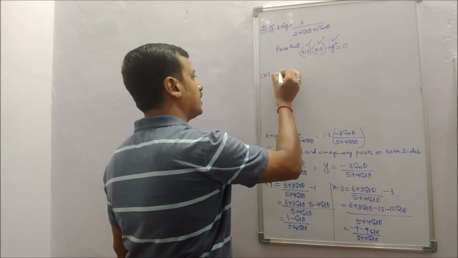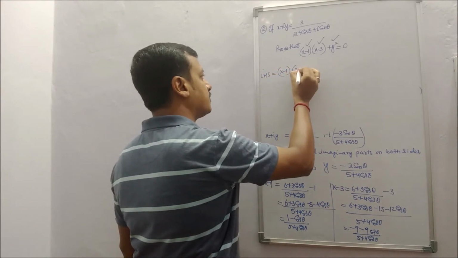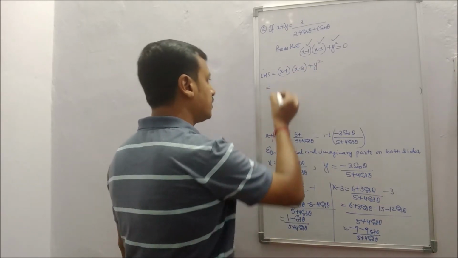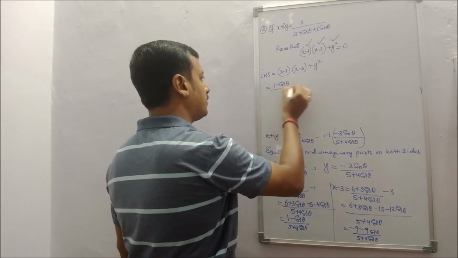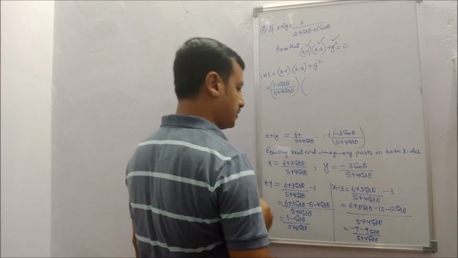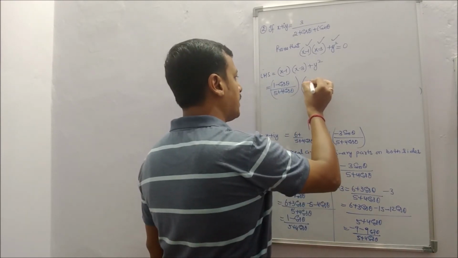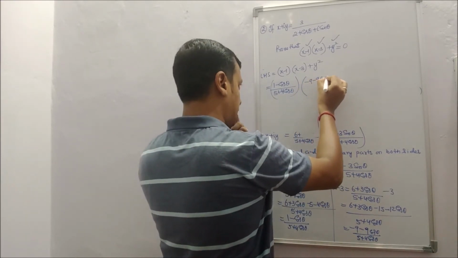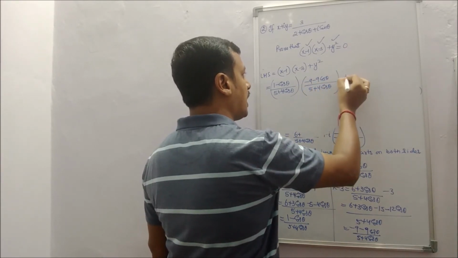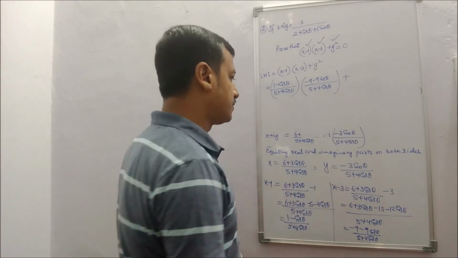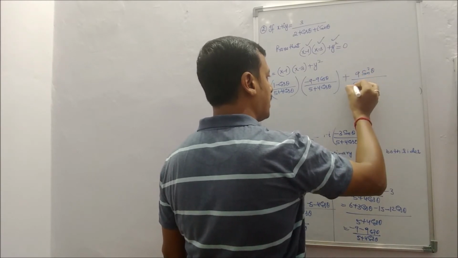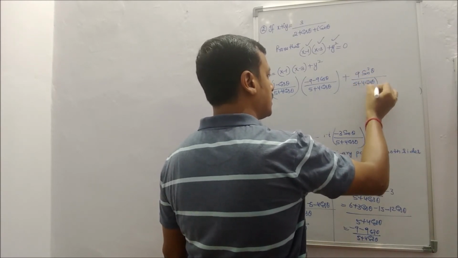LHS: (x minus 1)(x minus 3) plus y square. So x minus 1 is (1 minus cos theta) divided by (5 plus 4 cos theta). x minus 3 is equal to minus 9 cos theta divided by 5 plus 4 cos theta. And y square, the value of y is minus 3 sin theta, so it is 9 sin square theta divided by (5 plus 4 cos theta) whole square.